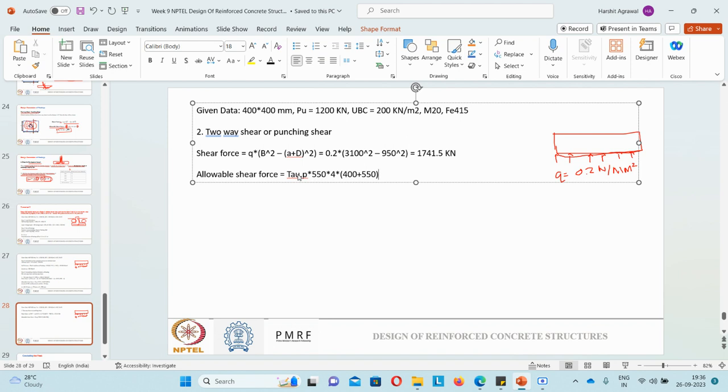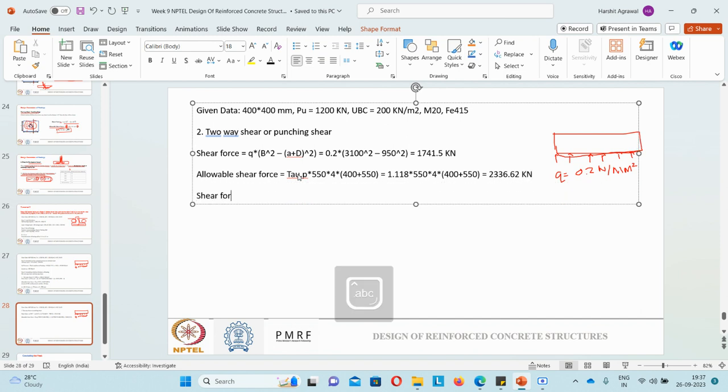Now I can calculate the value of tau p, 0.25 under root fck. If we do 0.25 under root of 20, it will come out to be 1.118. So 1.118 times 550 times 4 times 400 plus 550. This value will come out to be 2336.62 kilonewton.